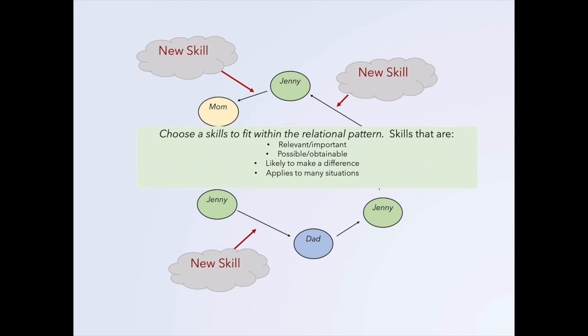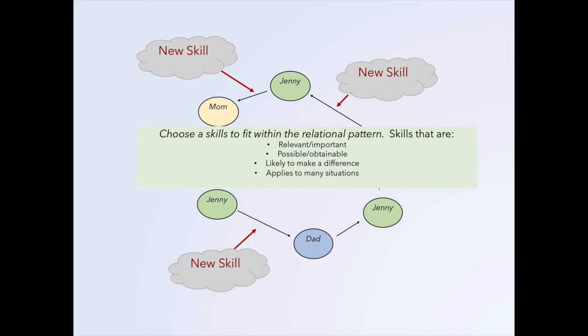Similarly, imagine that Jenny has to work out with her father when she might come home after school. That could be the skill of negotiation. And notice as they begin to interact in that way, you can break the cycle by introducing the new skill at that point. Behavior change is about choosing skills that fit a particular place within the relational pattern.